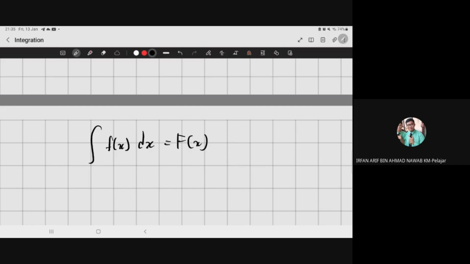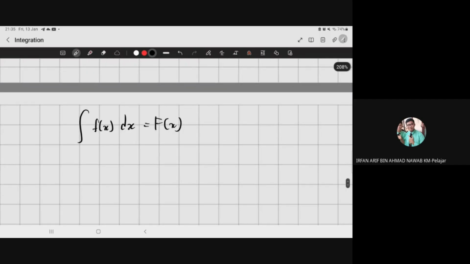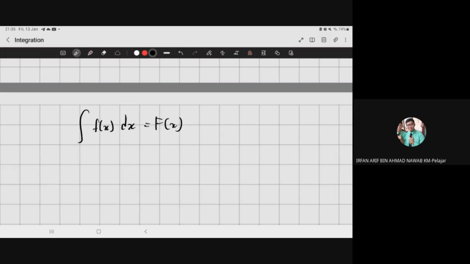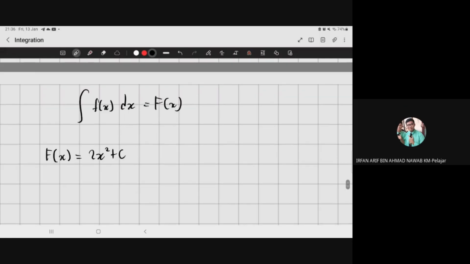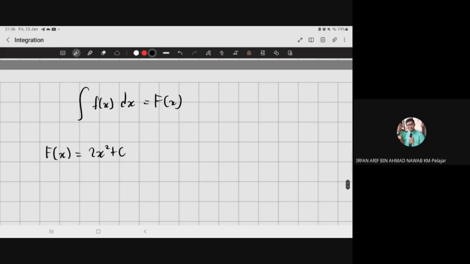This big F here represents the antiderivative. So the first question asks, given the antiderivative, honestly they should put plus c because we are dealing with indefinite integrals, but for some reason they didn't put plus c.